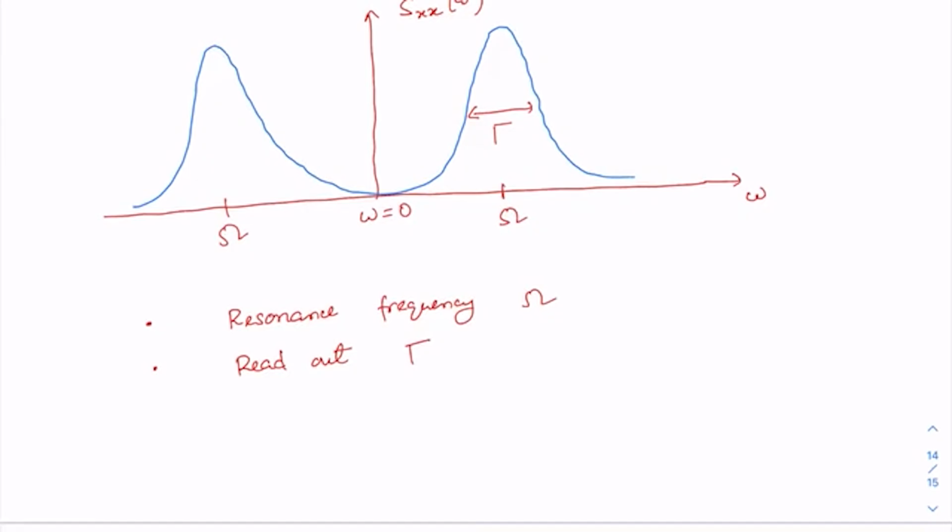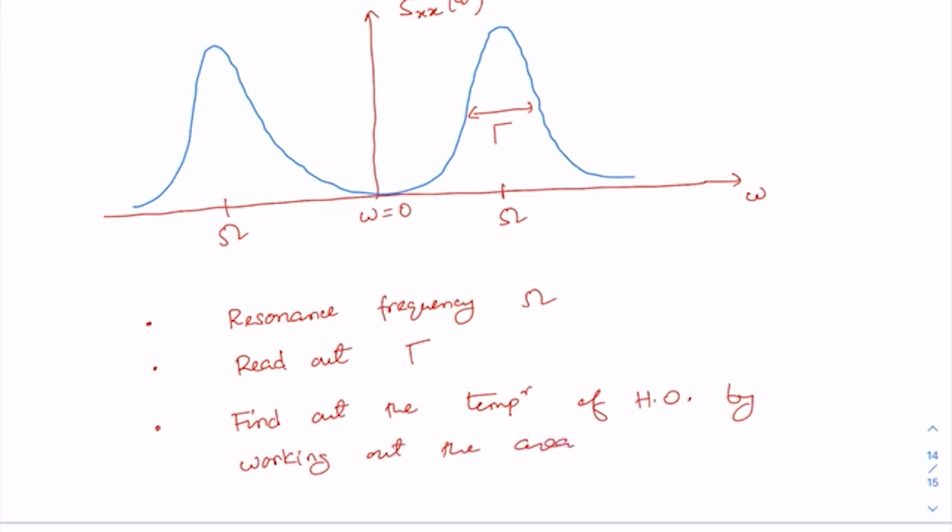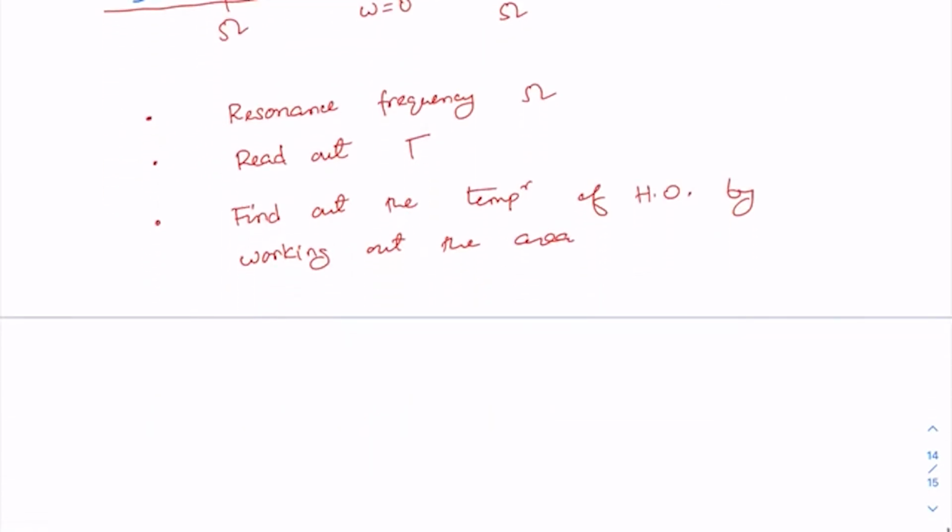And also we can find out the temperature of the harmonic oscillator by working out the area, which is very straightforward because I think I explained it earlier.